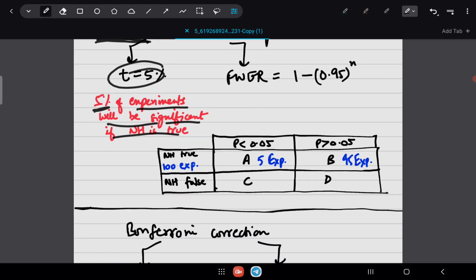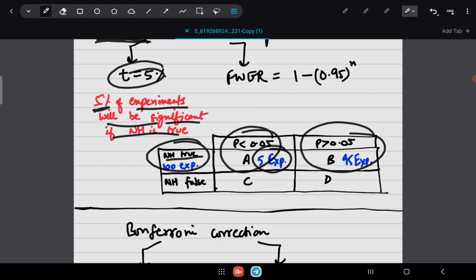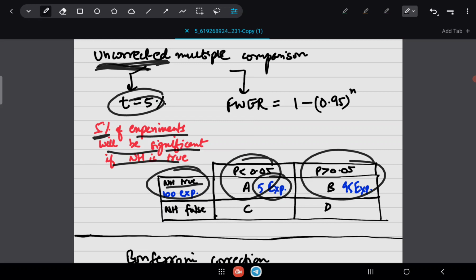Let's assume we have 100 experiments and NH is true for all of them. Then 5% of 100 is 5 experiments, so 5 experiments can have a significant p-value just by chance, and the rest, 95 experiments, will have a non-significant p-value. That is the interpretation of 5% when we have not corrected for multiple comparison.